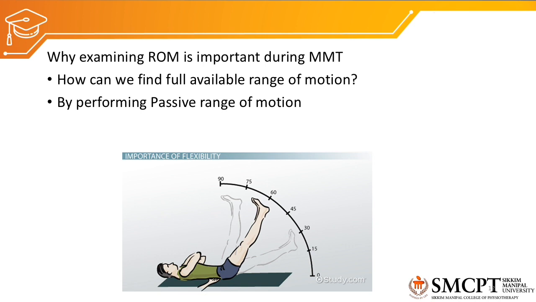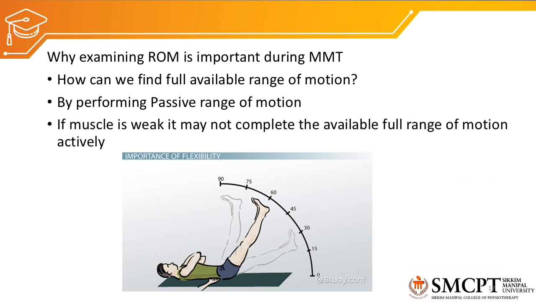If there is no joint stiffness and no muscle tightness in a normal hip joint, passive range of motion would be 0 to 90 degrees. Now if the muscles are weak, the hip flexors, psoas major and iliacus, they may not complete the available full range of motion, which is normally 0 to 90 degrees.